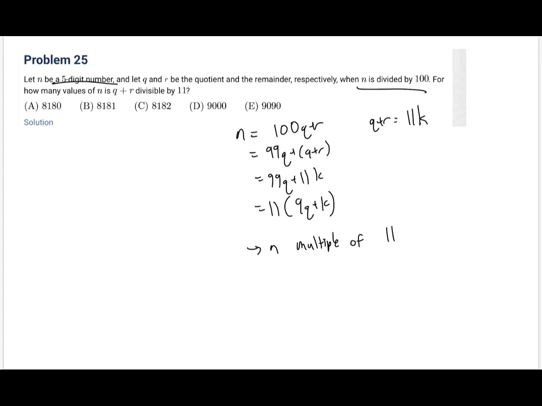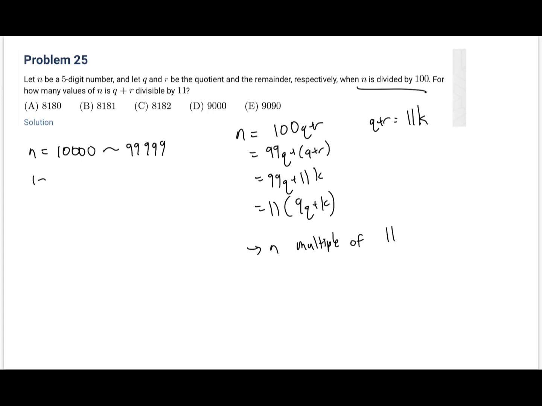And so for how many values of n is Q plus R divisible by 11? So let's see, n is a 5-digit number, so n has to be from 10,000 to 99999. So the number of multiples of 11 in this range would be the answer.